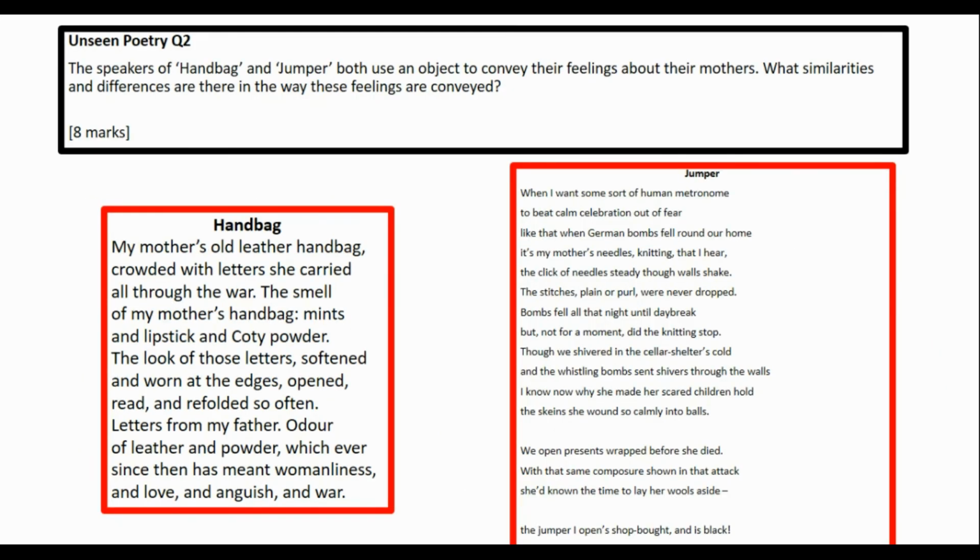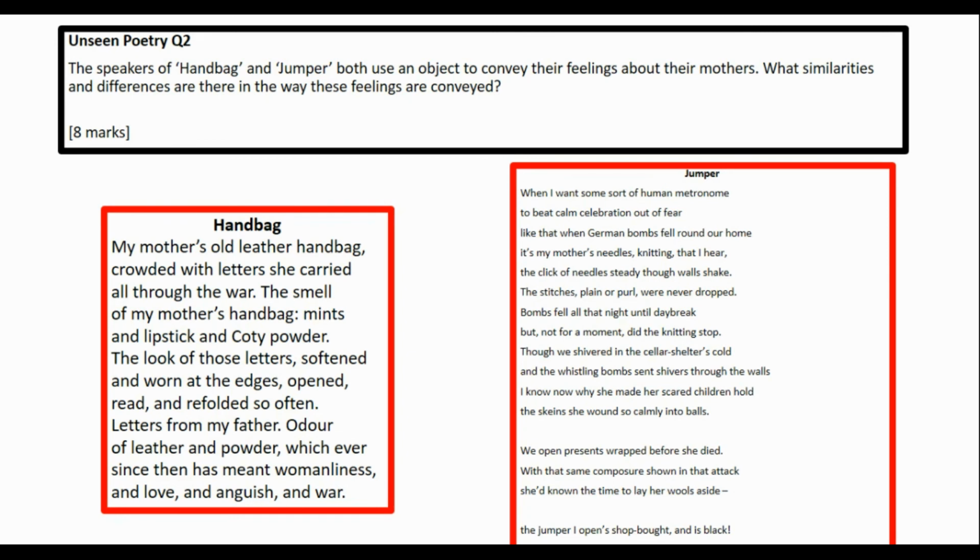Okay, so if we have a look at the 2 poems, as you can see here, they are side by side. The question that you are being asked to answer is this. The speakers of Handbag and Jumper both use an object to convey, to show their feelings about their mothers. What similarities and differences are there in the way these feelings are conveyed?